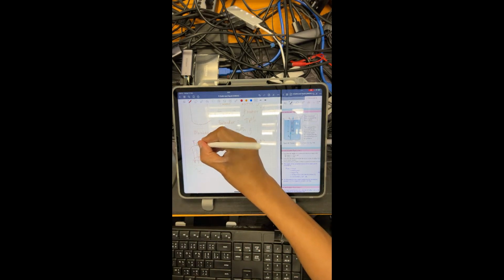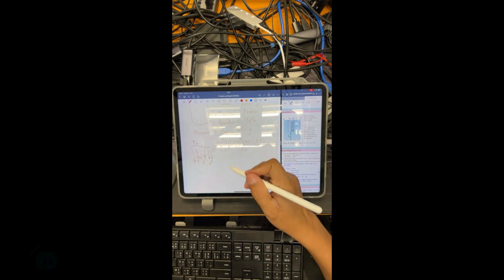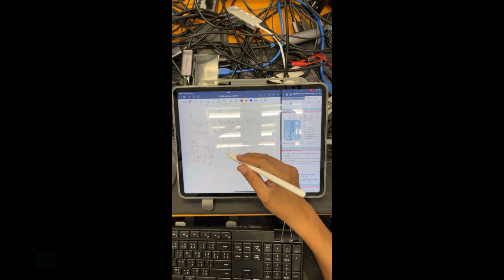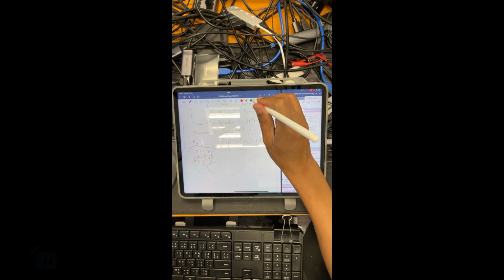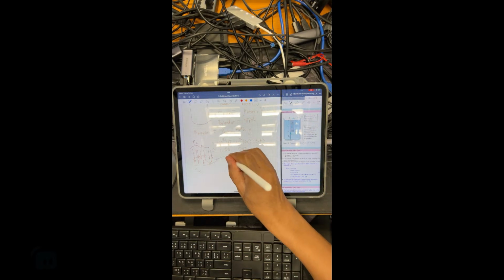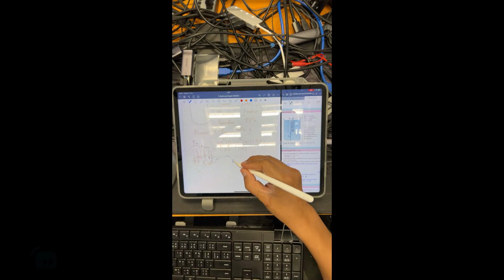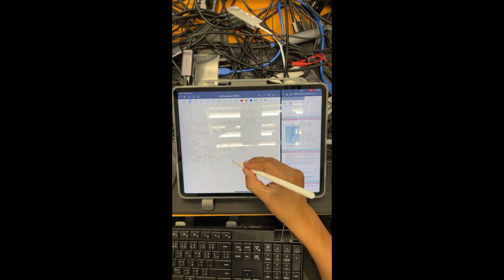And here is F perpendicular, right? According to the definition of pressure, pressure is F perpendicular by A. Here we need to determine the area of the circle, on a disk, okay?